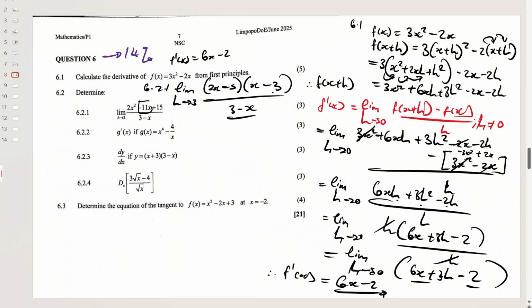Is it the same as that one? You cannot say 3 divided by that, 3x divided by that. Yes, you can say so, but guys, remember, you have to know what you're doing, and not just write things anyhow in a way that you like. So you have to try by all means to make the numerator look the same as what? The denominator there. So this is the same as 2x minus 5 into x minus 3.